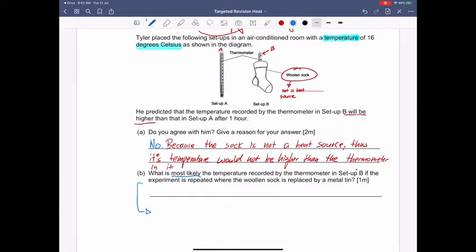You need to understand that this is pointing you towards heat transfer. Now, remember this. We always say that heat travels from a region of high temperature to a region of lower temperature until both regions are of the same temperature. Okay, so I'm going to pen down.